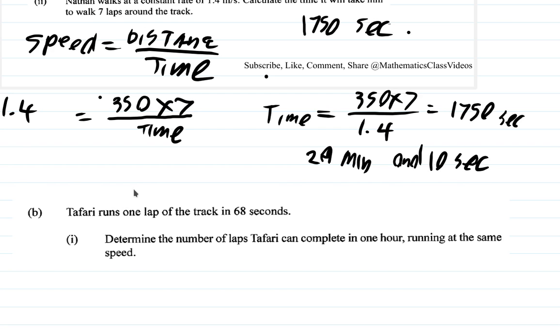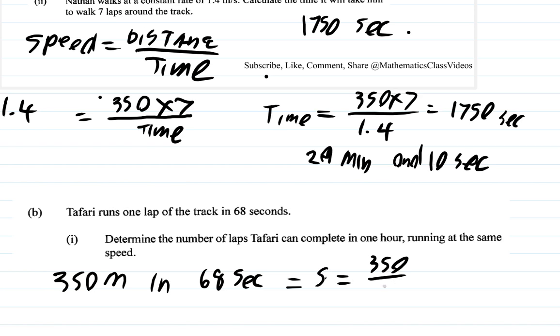So let's do that. 1 lap, which is 350 meters in 68 seconds equal the speed. Let's just use S for speed. Distance 350 over time 68.